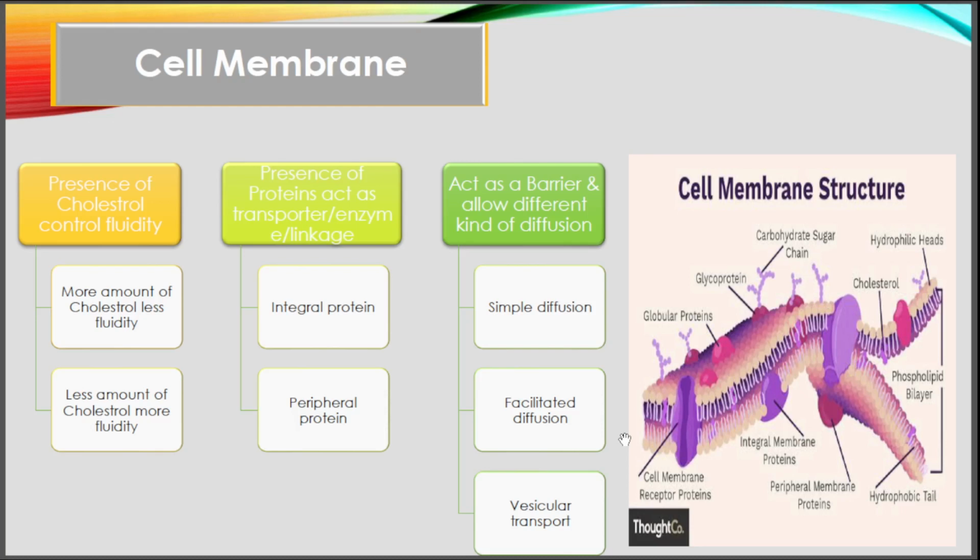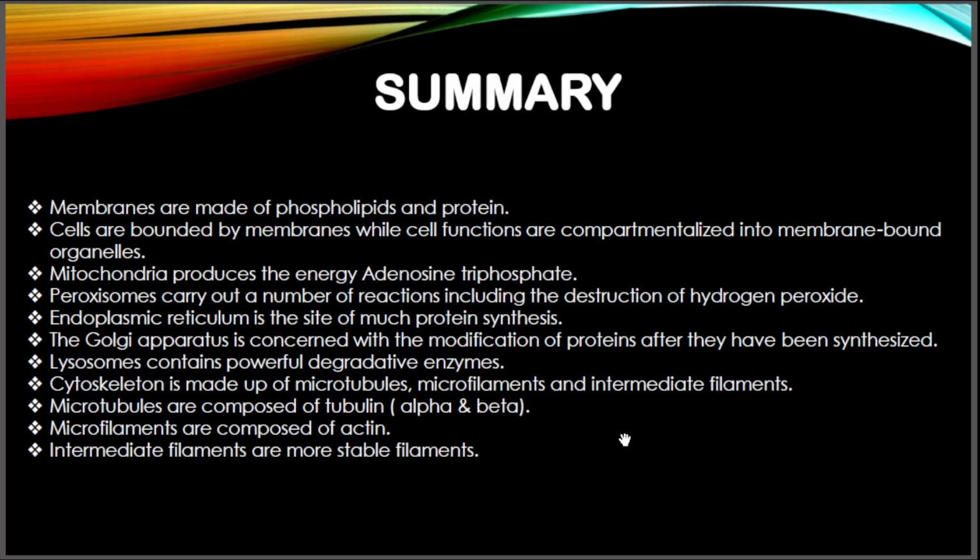So up till this, now let's recap in the summary what we have discussed. We have discussed that membranes are made up of phospholipids and proteins, and they are acting as a boundary for the cells.